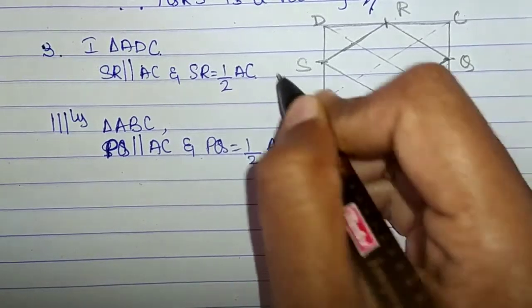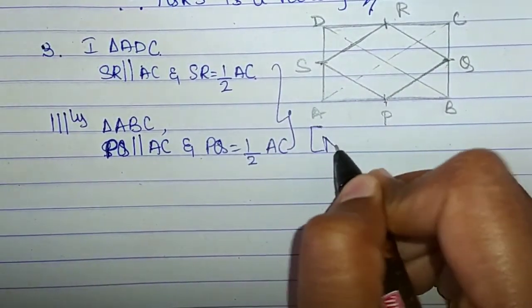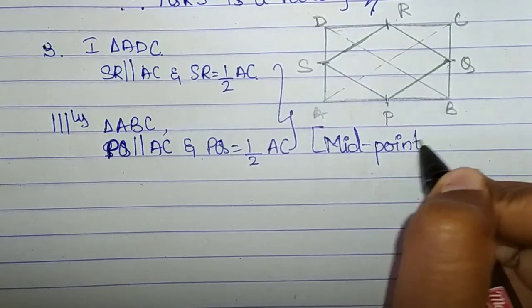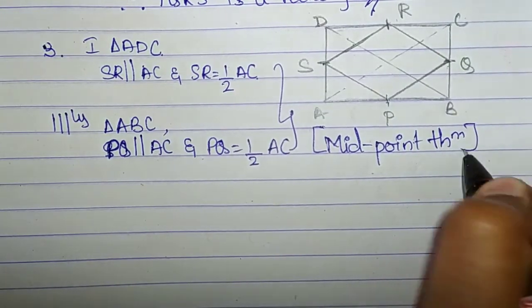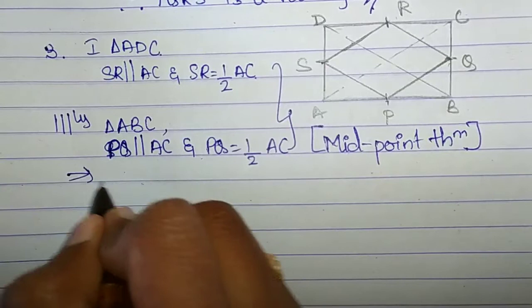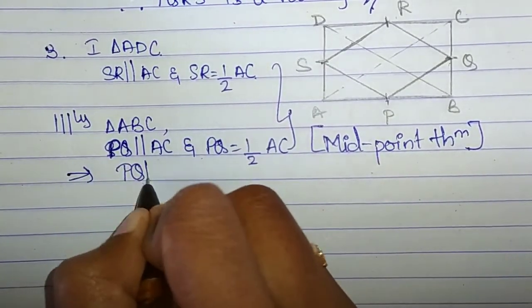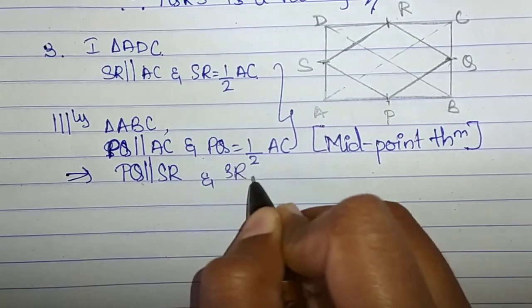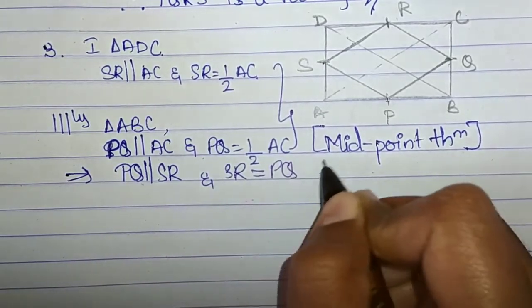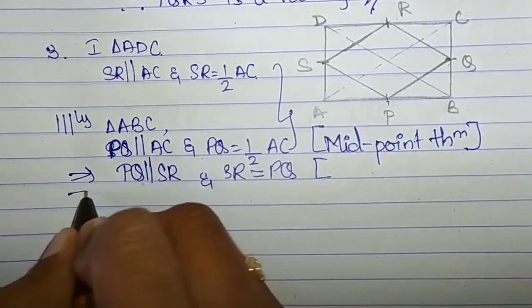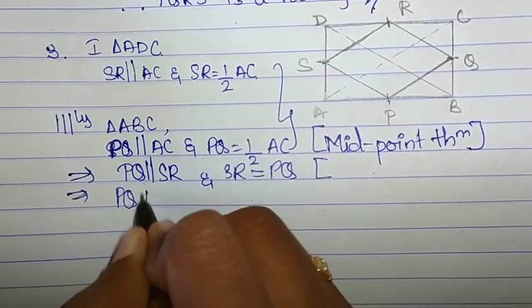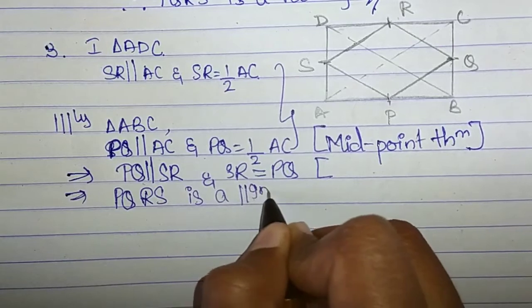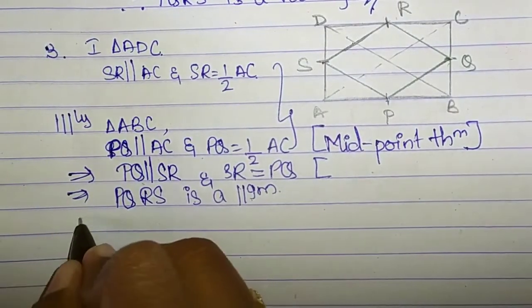This whole thing is because of the midpoint theorem. So we get PQ is parallel to SR and PQ is equal to SR. This implies PQRS is a parallelogram.